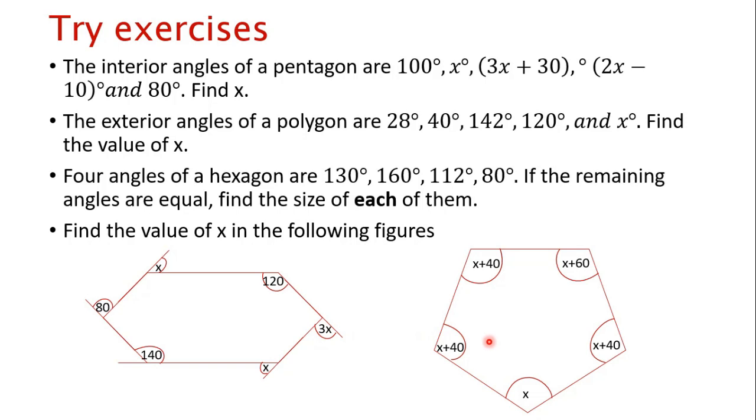You find x. This figure also, we find x. So we have all of the interior angles: x plus 40, x plus 40, x here, x plus 40, and then x plus 60. So you try these exercises, and in our next lesson we'll solve them.